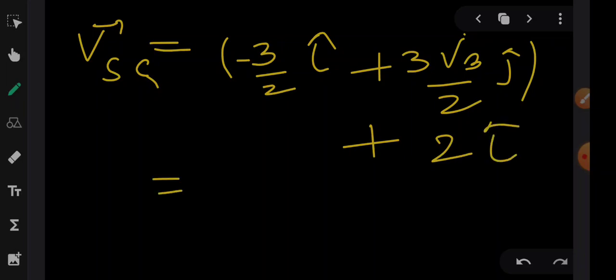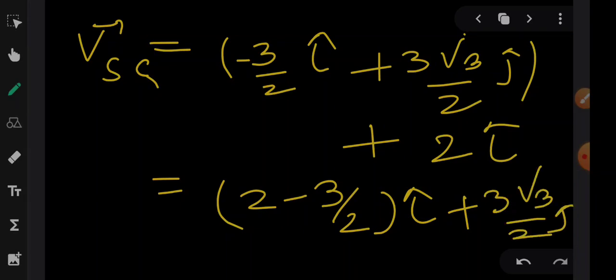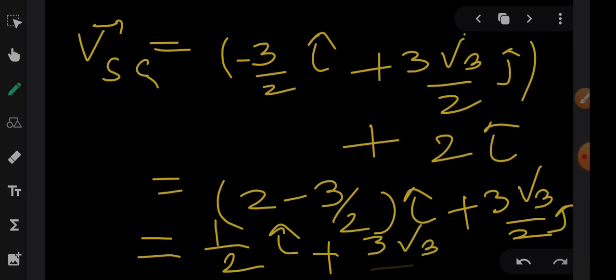So this will be 2 minus 3 by 2 i plus 3 root 3 by 2 j. This gives you 1 by 2 i plus 3 root 3 by 2 j.